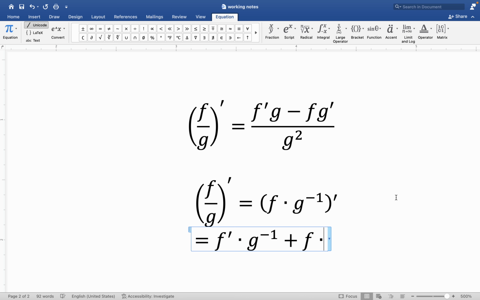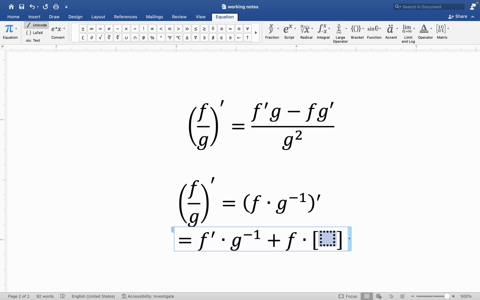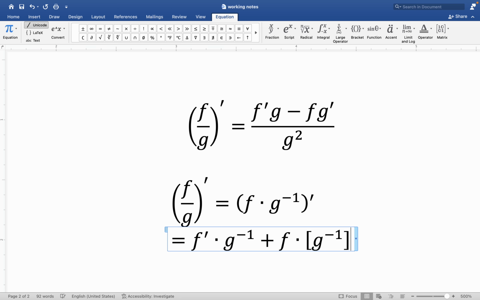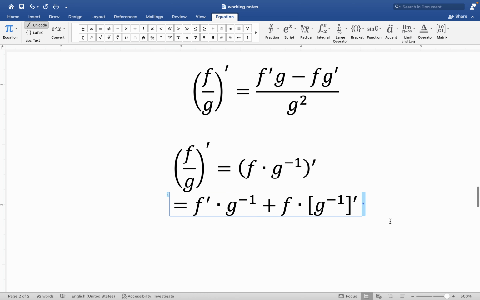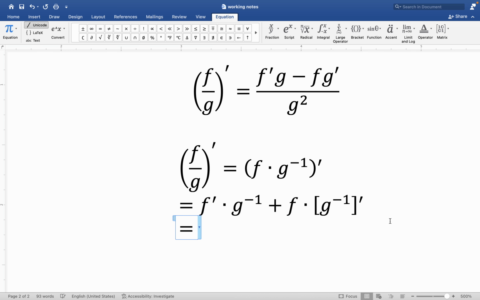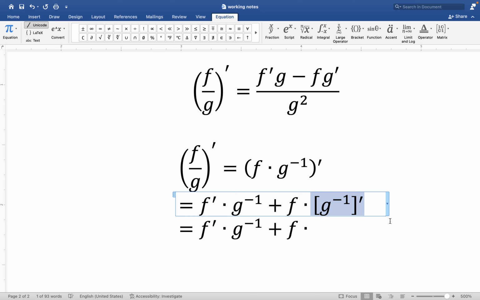That's a little complicated, so I'm going to postpone the differentiation, and we'll think about what that actually is in the next line. Okay, so I'm just going to copy the first term because I don't need to do anything with it, plus f times, and now I'm going to think about what's the derivative of this thing. So this is actually a composition.